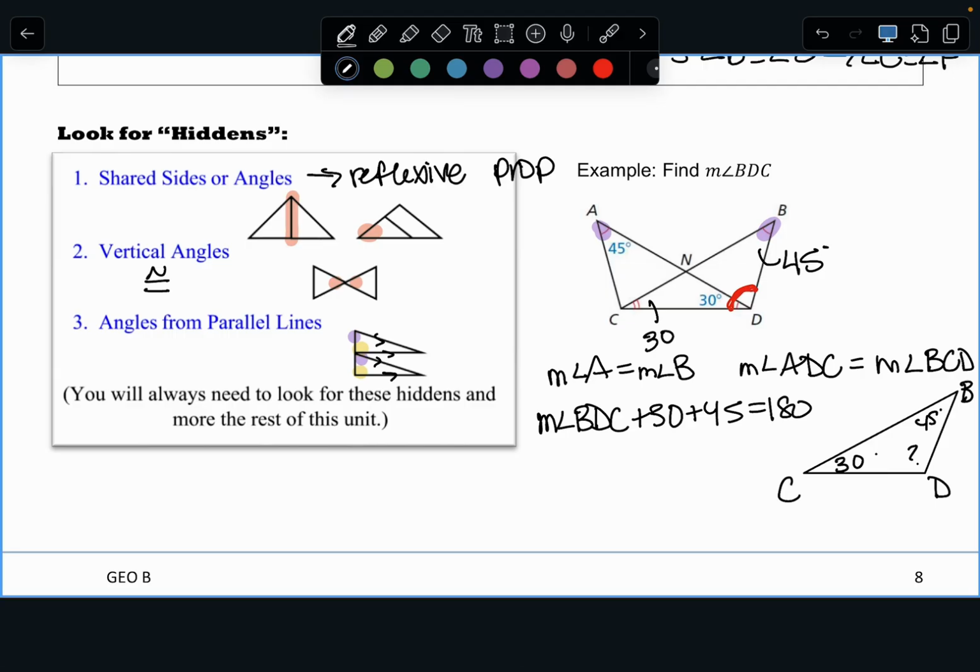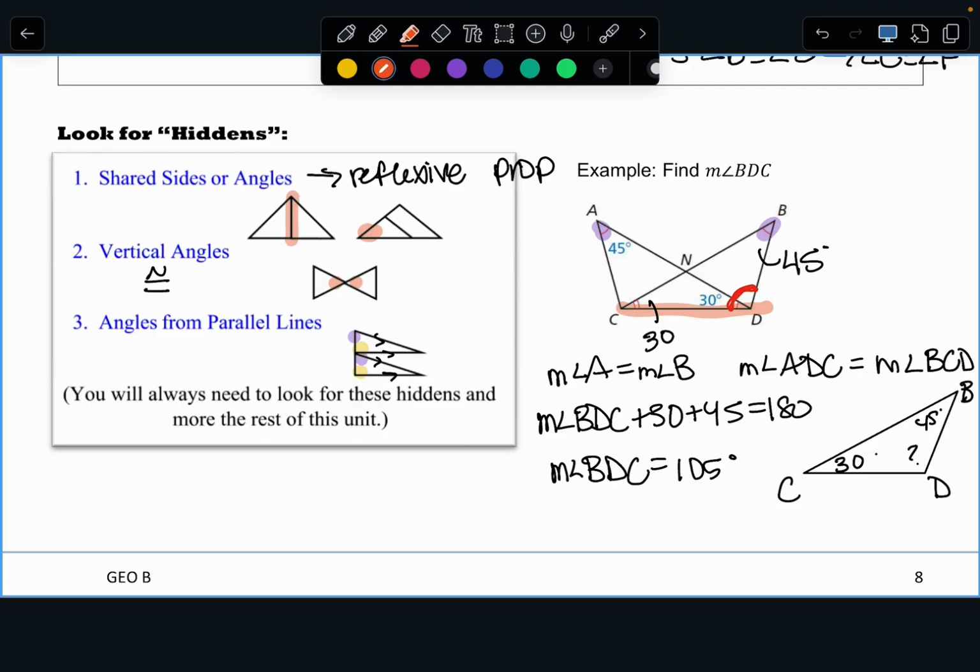What's 180 minus 75? 105 degrees, because we're talking about angle measures. Also, just something to note, the side that these two triangles share is this one. So this was a shared side situation that just looks a little bit different.